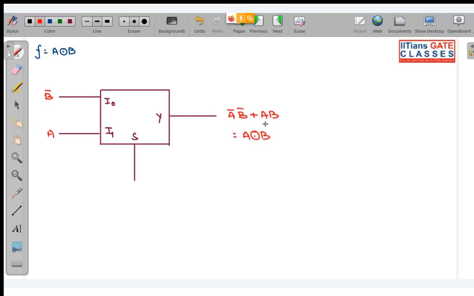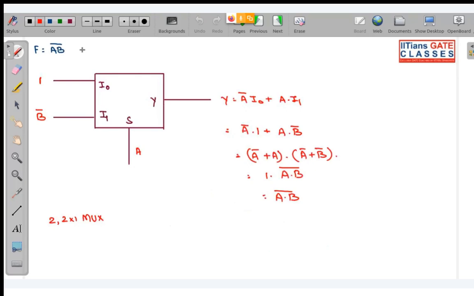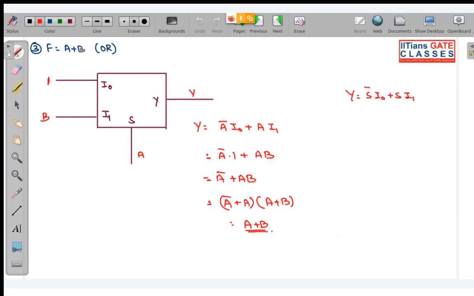Now look over here. I am making one statement. Listen very carefully. If I am able to draw NOR and NAND, that means I can make any Boolean expression, because NAND and NOR gates are universal gates, and I am also able to construct the basic gates using this 2 cross 1 mux.